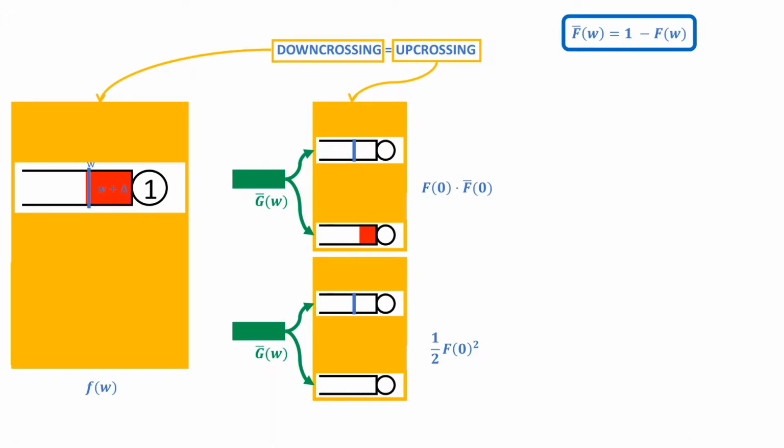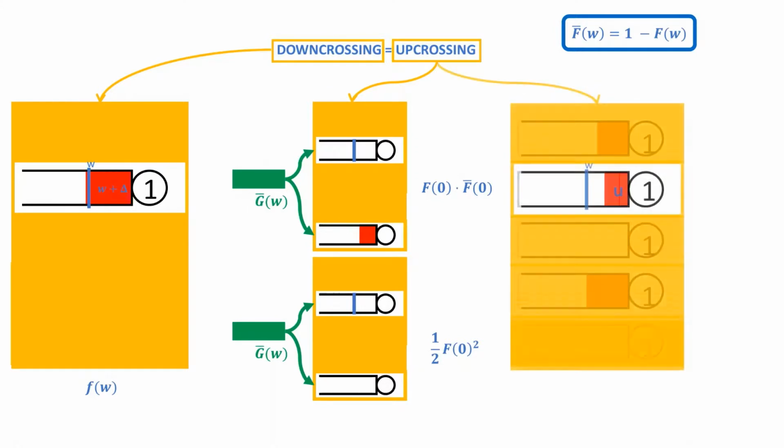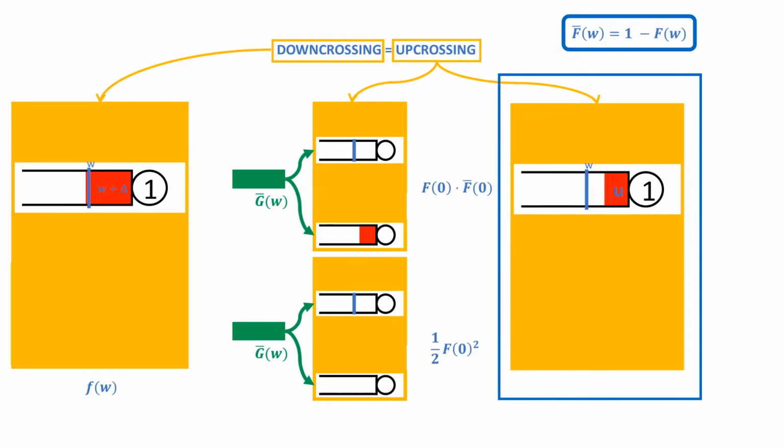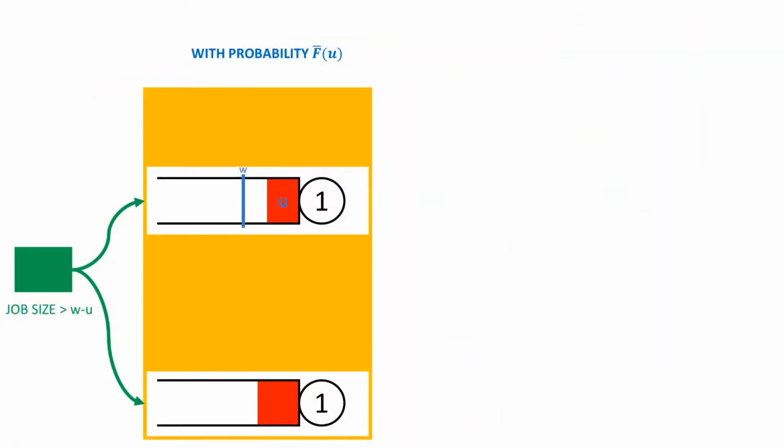In the last case we consider, the cavity queue has some amount of work U which is smaller than W at the time of the potential arrival. Let us zoom in on this case. We again differentiate two situations. First, the second queue we selected may have more work than the queue at the cavity.